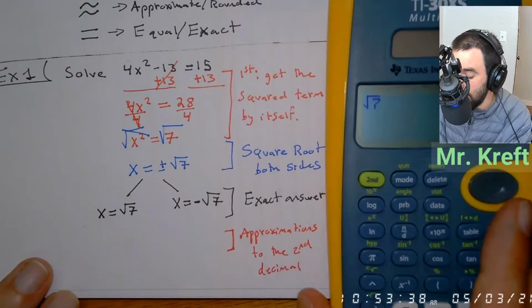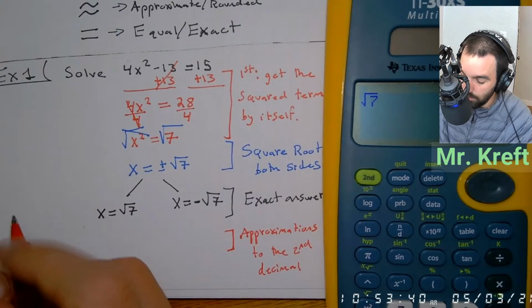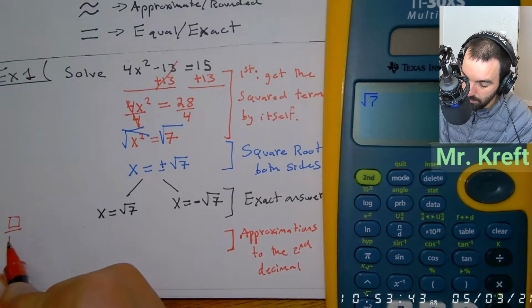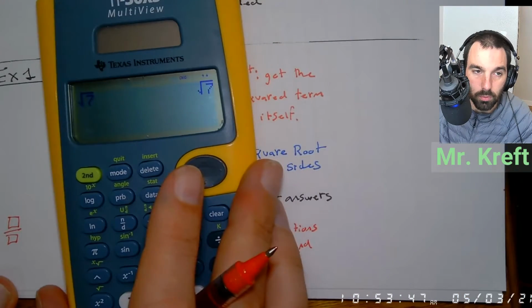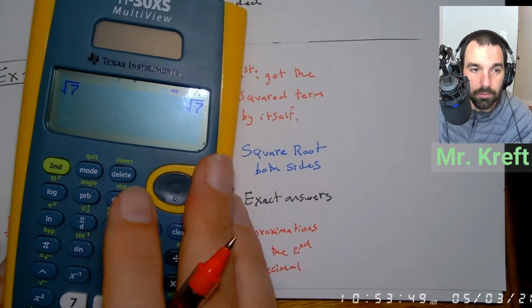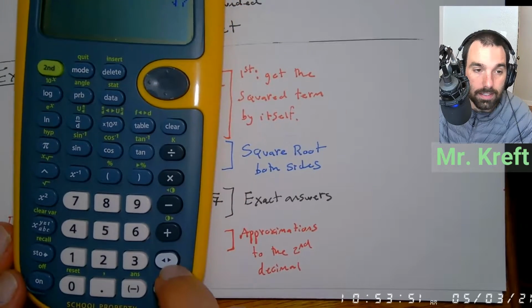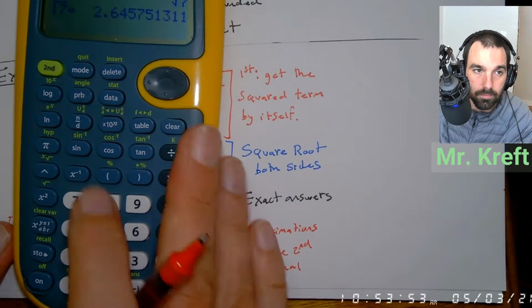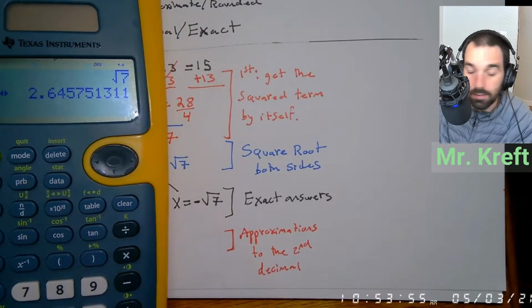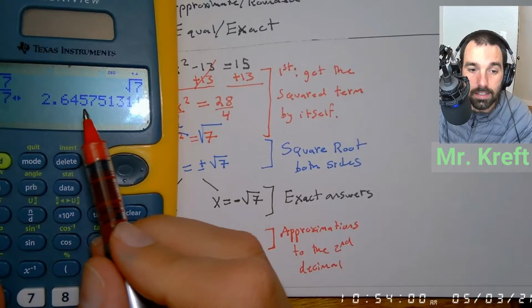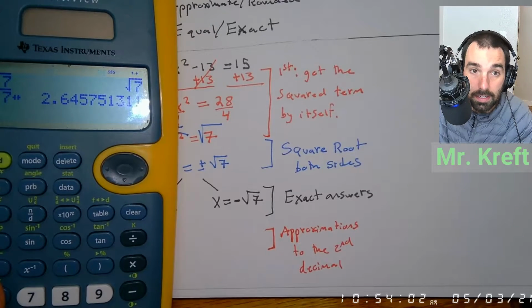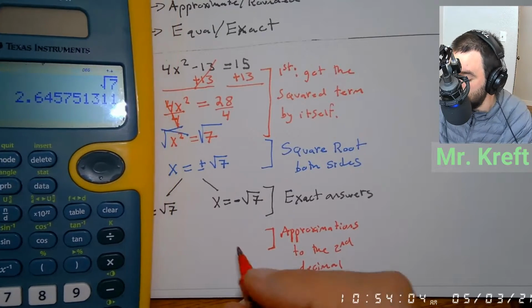On Desmos, there's a button that looks like this, but I don't think Desmos does what this one does. If you're using a calculator right now and you're not getting a decimal, let me know so I can help you out.